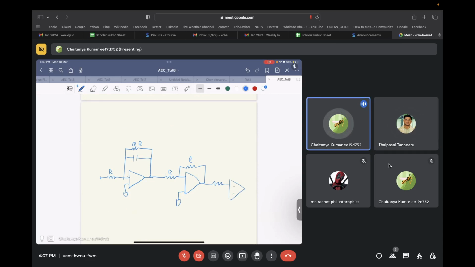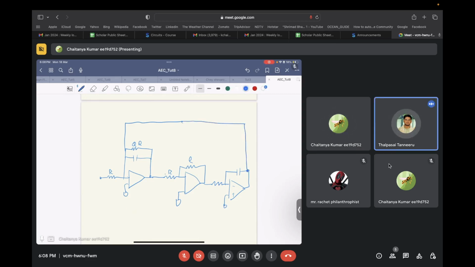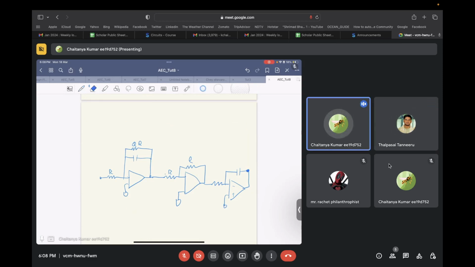Then basically you have an undamped integrator, and then you have this resistor. A minus 1 is not needed over here, as you have already inverted it once. Sir, we can write a resistor right here for the current, right? Yeah, a resistance over here.